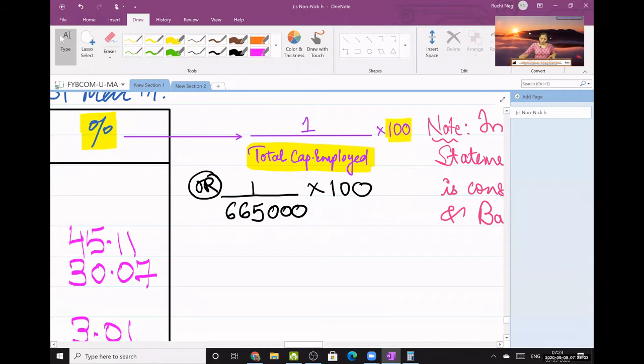Okay, so on your calculator type 1 divided by 6,65,000, into 100. Press the equal to sign and then press the multiplication sign 2 times. I repeat, do it along with me: 1 upon 6,65,000 into 100, equal to sign, multiplication sign 2 times. Okay.